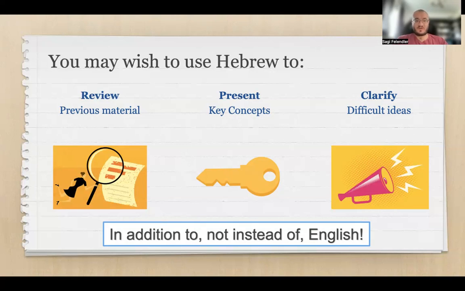Okay, so always Hebrew in addition to, never instead of English, because according to the terms of the reform, the lecture must be in English. And of course, again, if you have foreign students present, then you have to be extra careful about how much Hebrew you use.